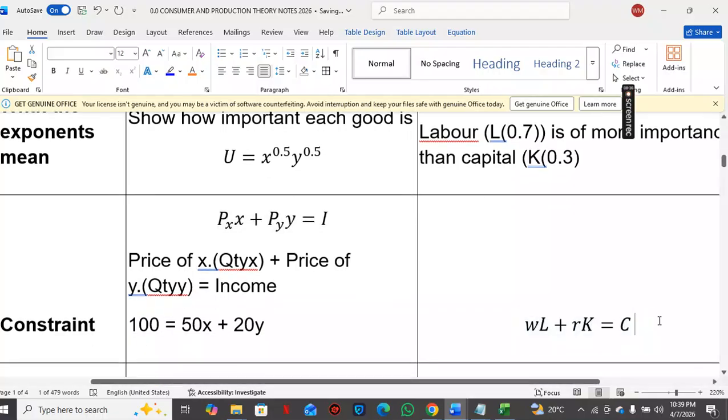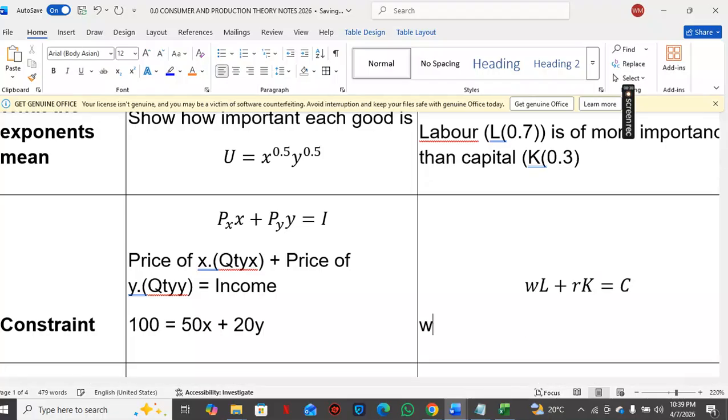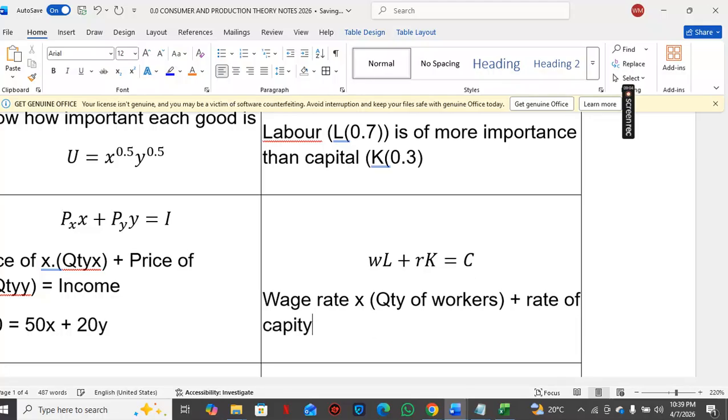This one is now for the cost. W is the wage rate times quantity of workers, plus R, the rate of capital, multiplied by quantity of capital, and C is the cost.